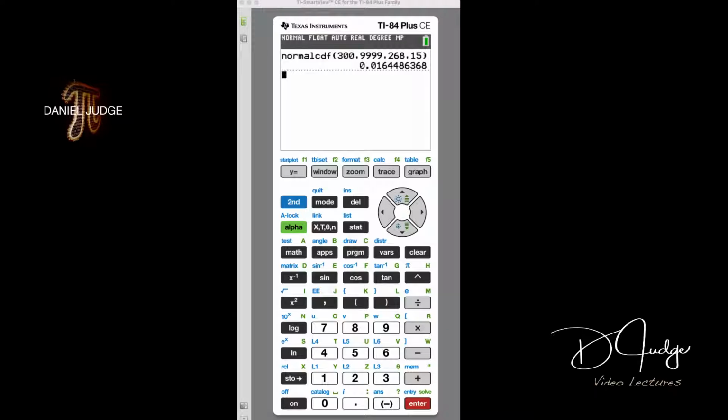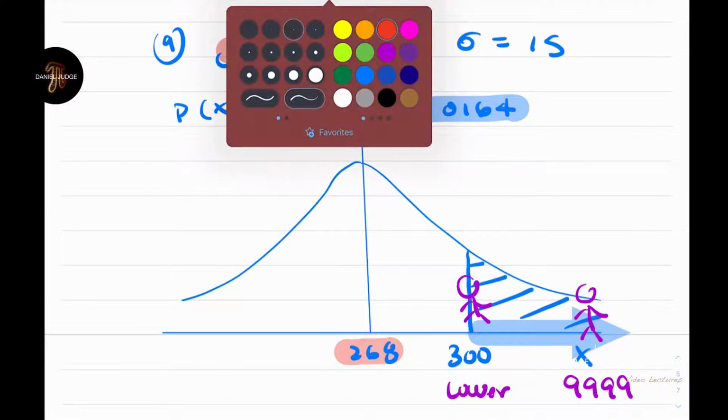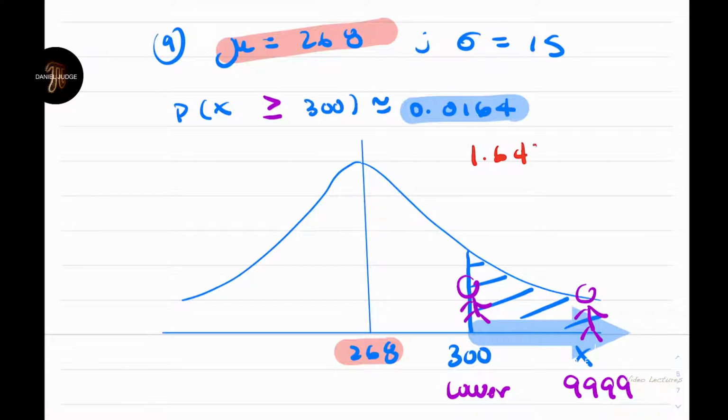So if we approximate this answer to the 10,000ths, we see 0.0164. The digit to the right is another 4. So ladies and gentlemen, here's your probability value. It is 0.0164. And yes, they didn't ask this, but this is about 1.64%.